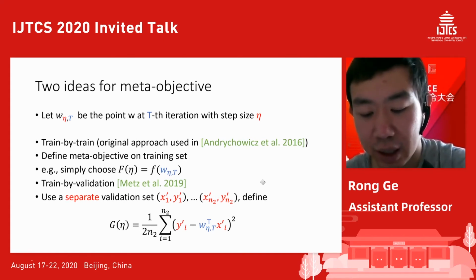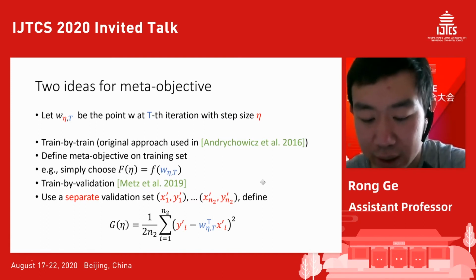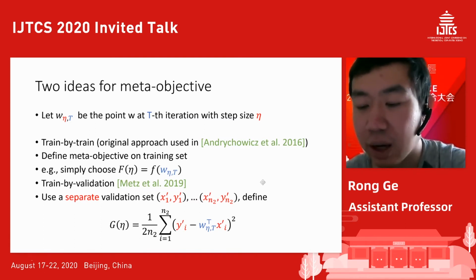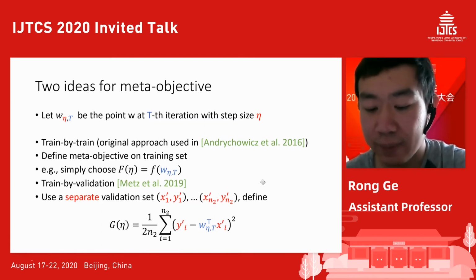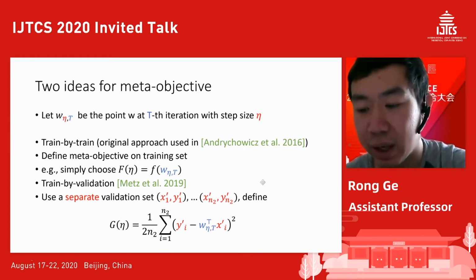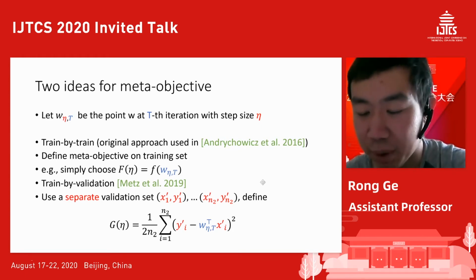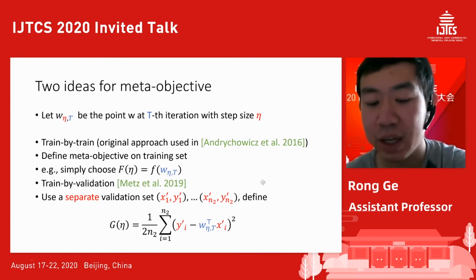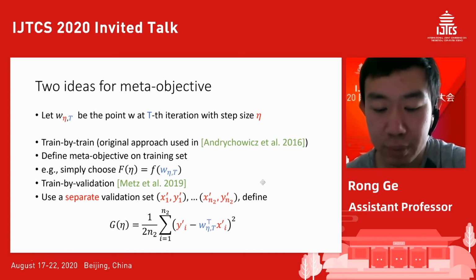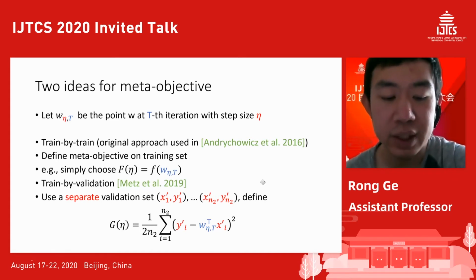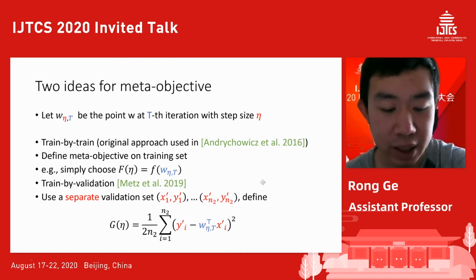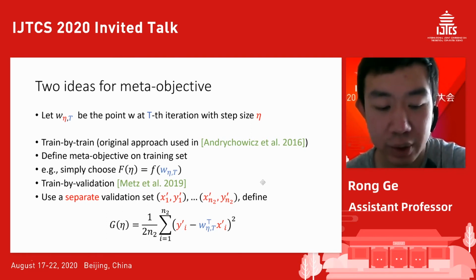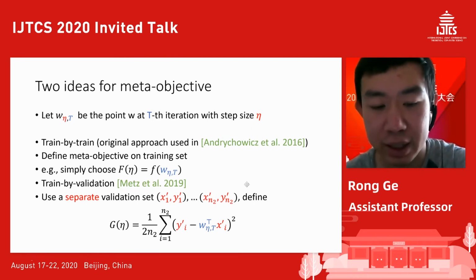Notice that here it's important that this blue W eta t only depends on the training set, which is independent of the red variables. The red variables x prime i and y prime i are sampled independently of the original training set. Okay, so these are the two ways of defining the meta-objective. One we are going to call train-by-train, and the other we are going to call train-by-validation.